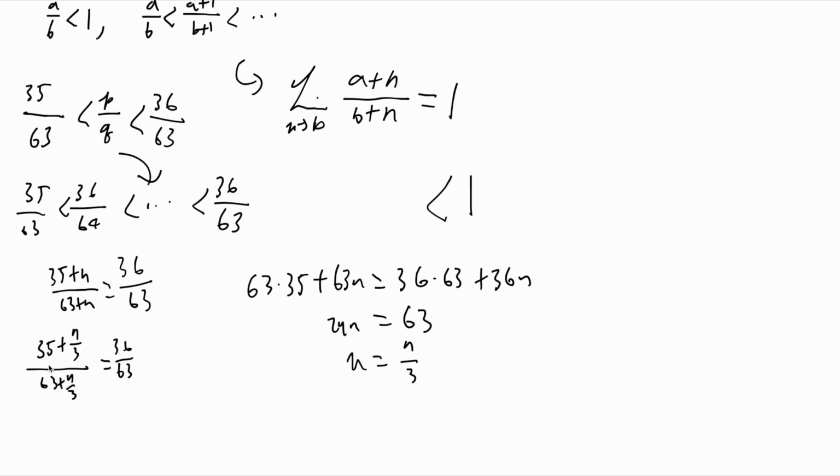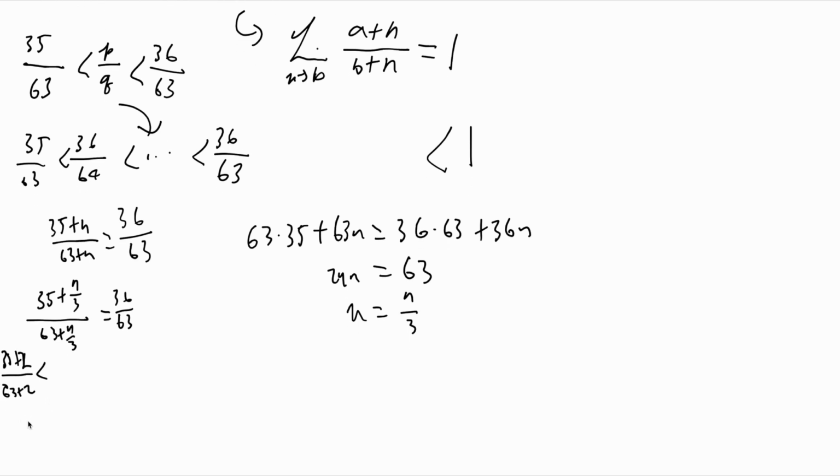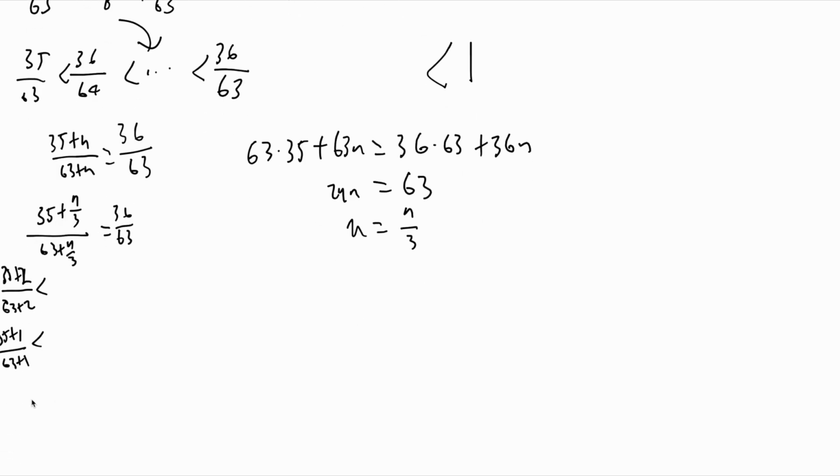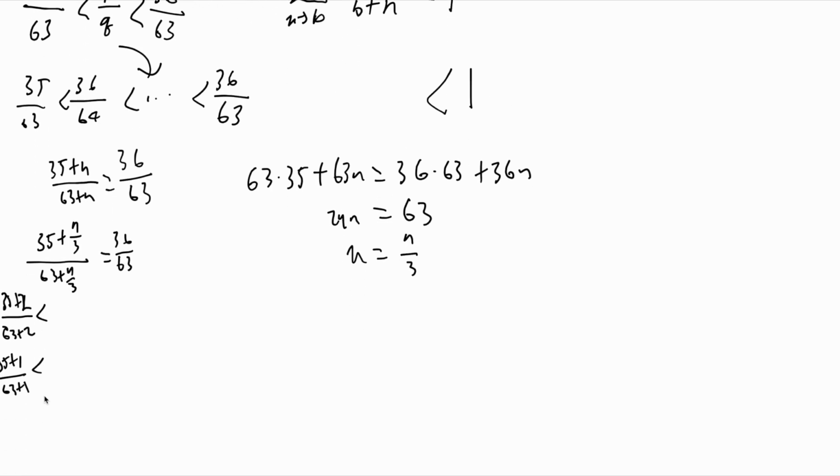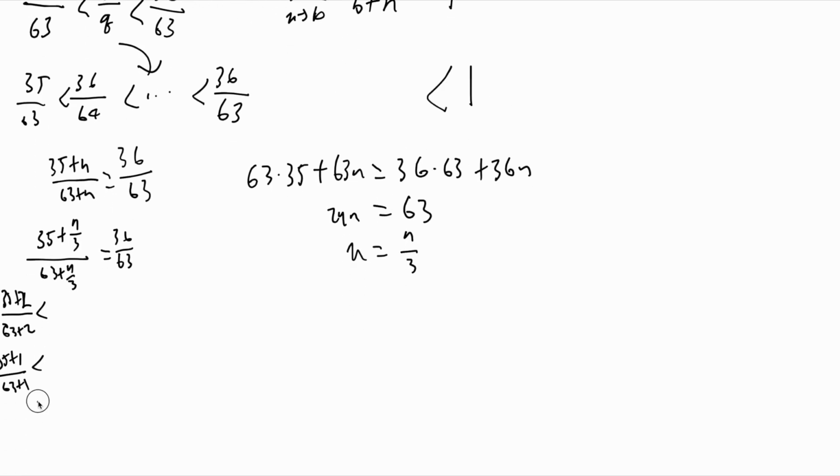However, this thing is less than (35 plus 2) over (63 plus 2), and this thing is less than (35 plus 1) over (63 plus 1). And this is clearly greater than, sorry, I was saying it wrong, 35 over 63.